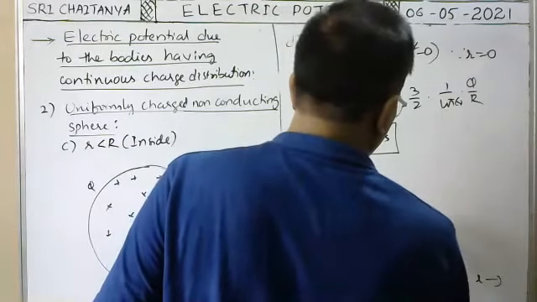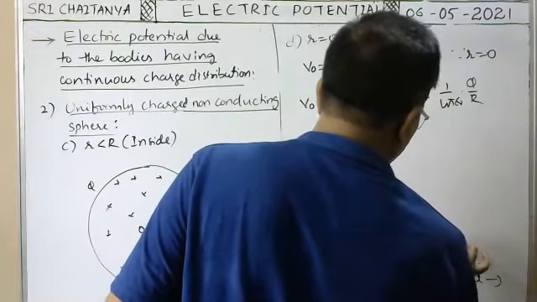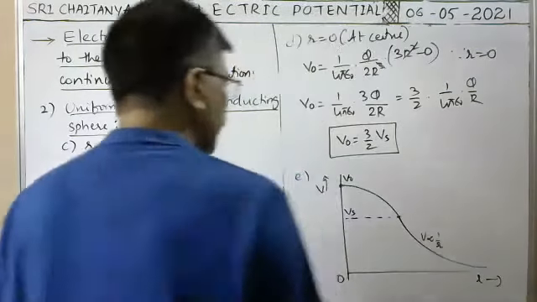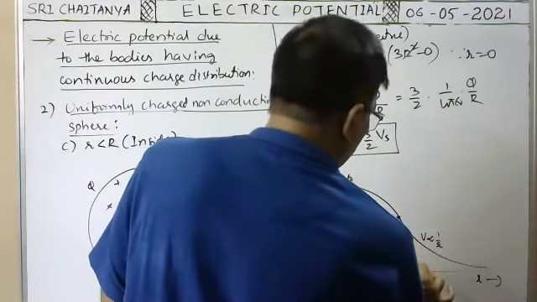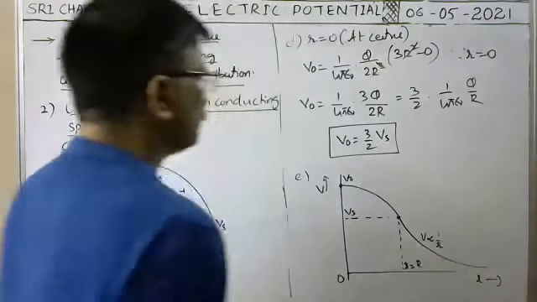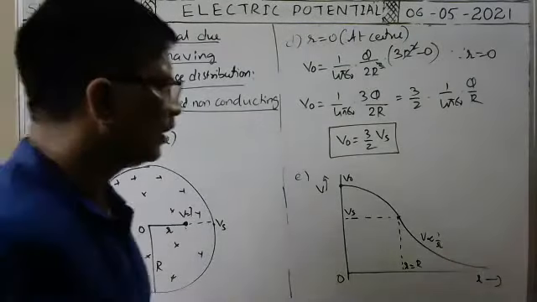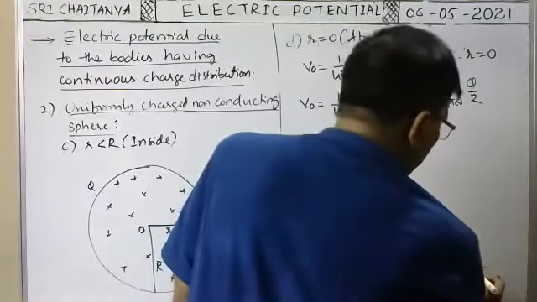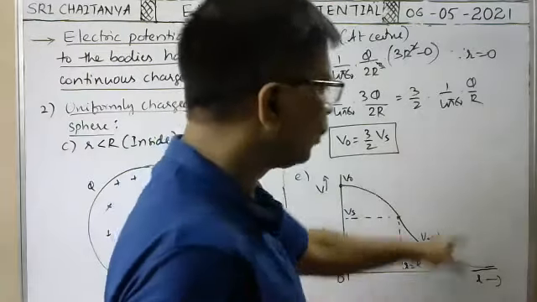Outside the surface, at any point outside, V is inversely proportional to r. In this way, here this point is exactly the surface, small r is equal to capital R. You will get a graph like this. Here it is parallel to the distance axis. They do not intersect because V becomes 0 only at infinity.